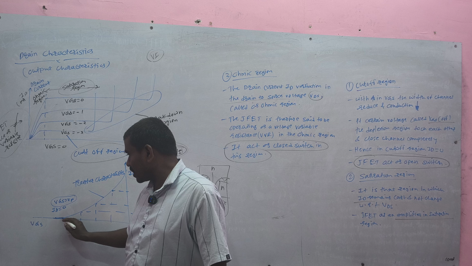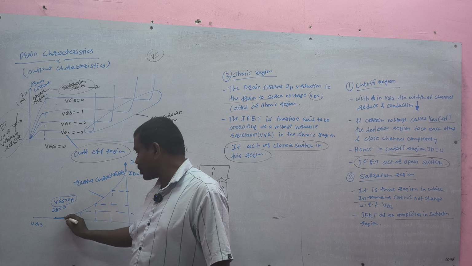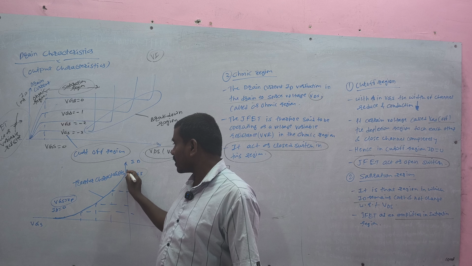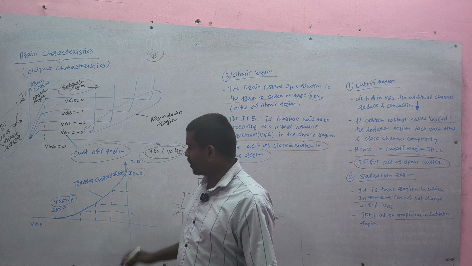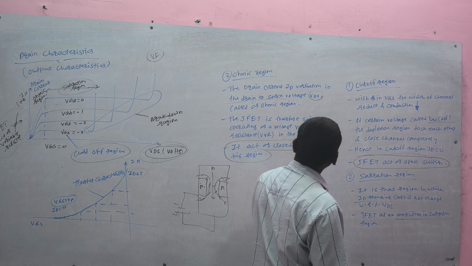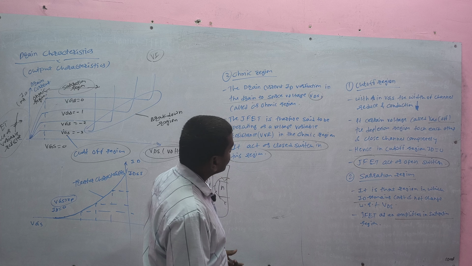As soon as the voltage VGS reduces, what happens? Drain current increases. Where is VGS 0?